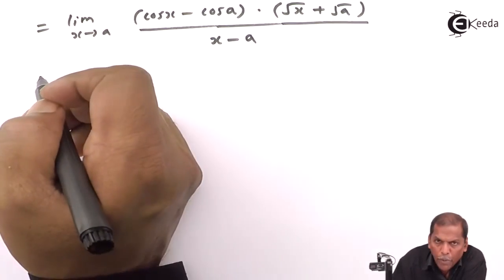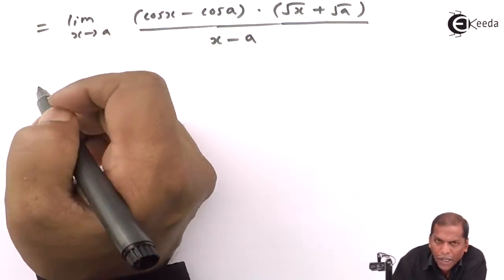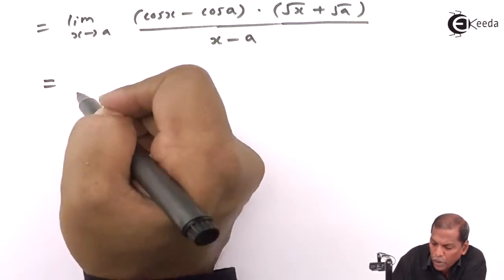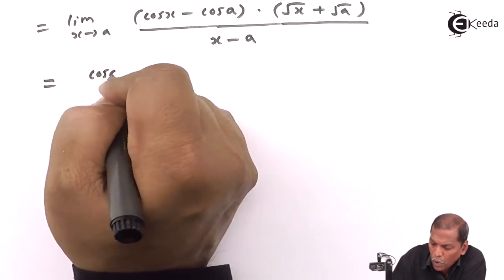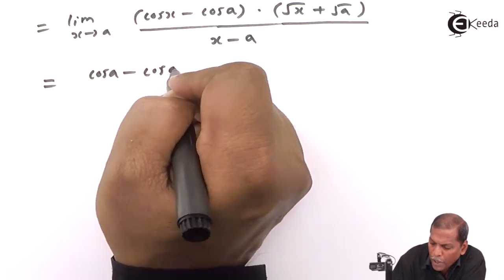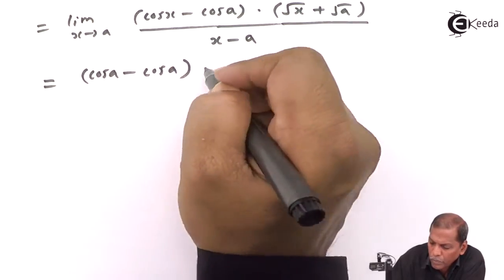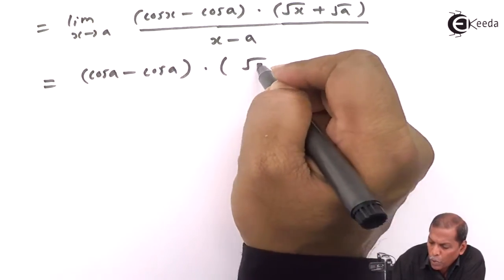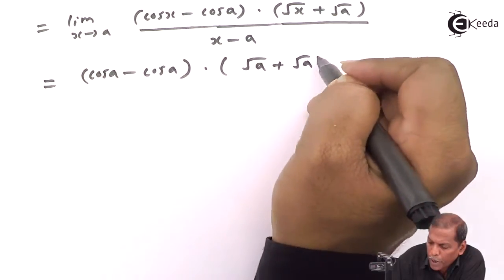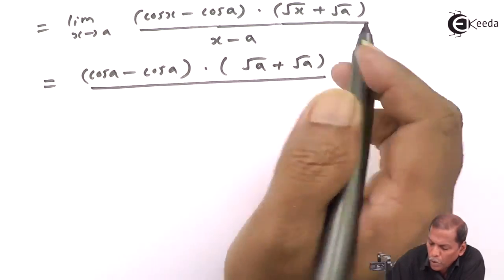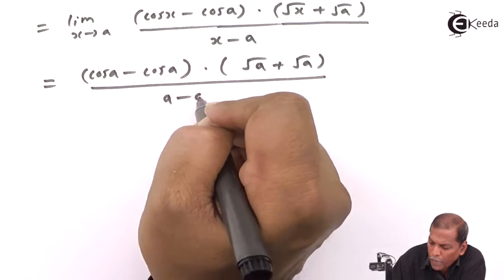Now here we put the limit as x tends to a, we get (cos a minus cos a) into (root a plus root a) whole thing divided by a minus a.